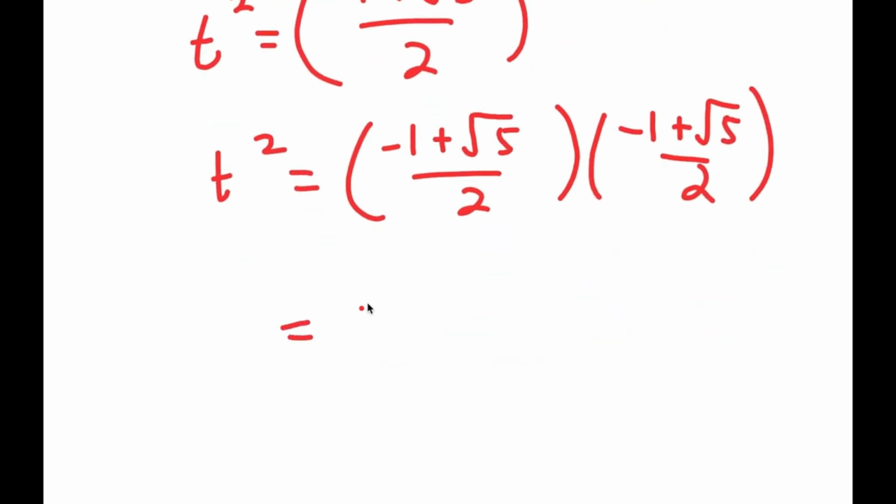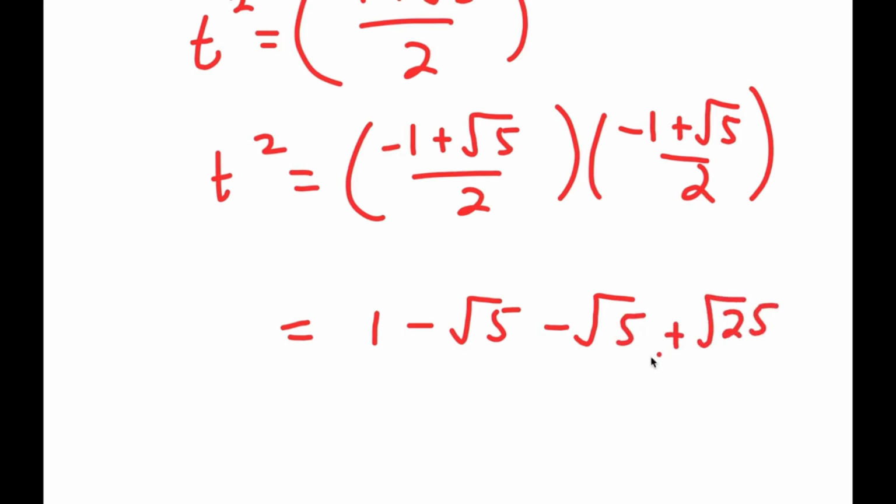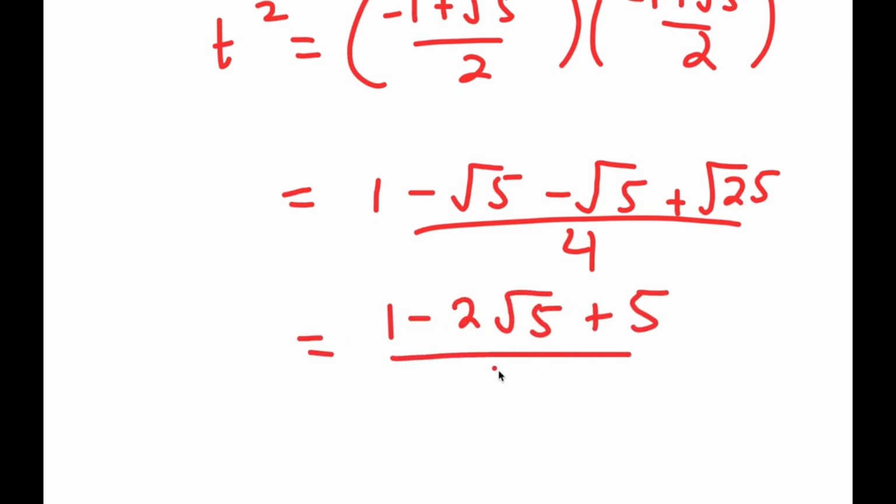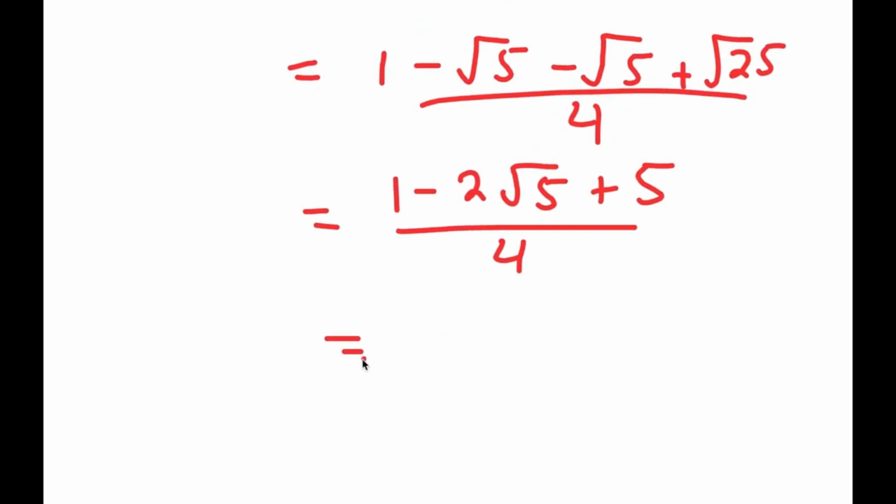And this is equal to 1 minus the square root of 5 minus the square root of 5 plus the square root of 25 over 4, which is equal to 1 minus 2 root 5 plus 5 over 4, which is equal to 3 minus the square root of 5 over 2.